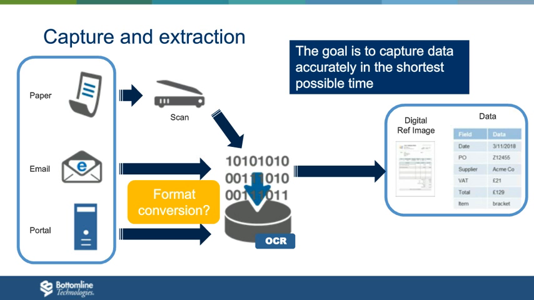Interestingly, when we speak to our customers, those who say that they receive electronic documents class PDF as an electronic document, which is true. However, the reality is that around 70% of those documents that come through in PDF format get printed and essentially pushed through as a paper document in the process.